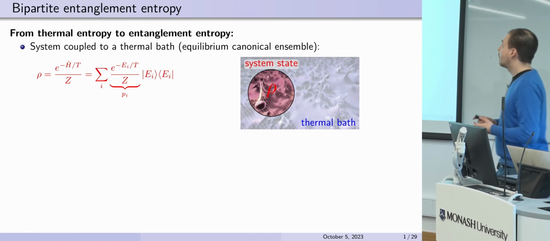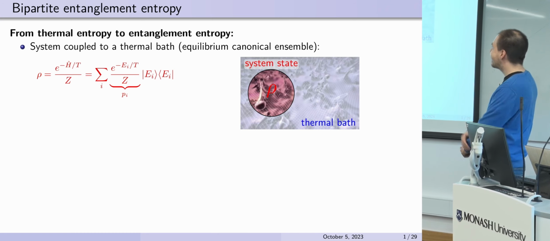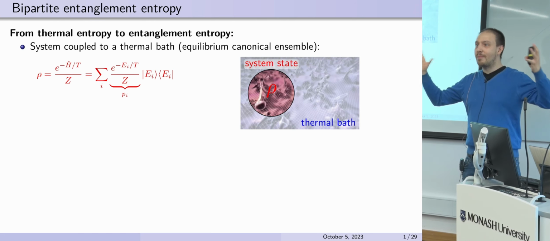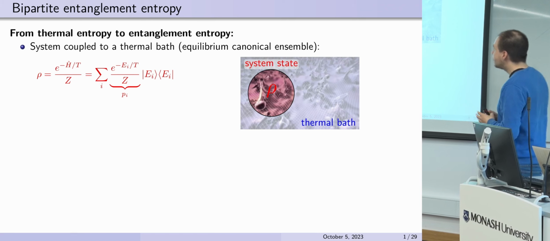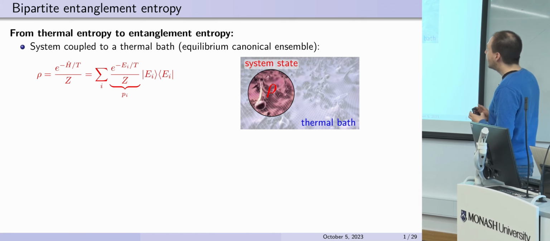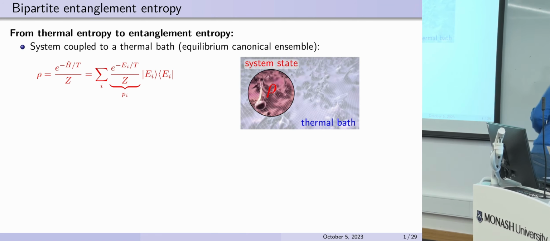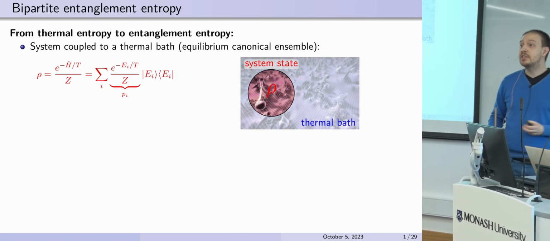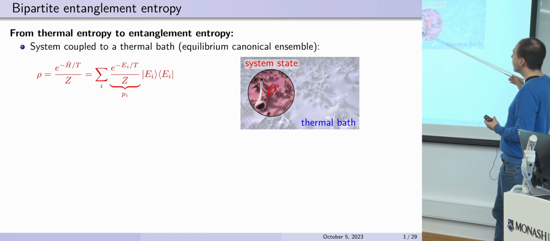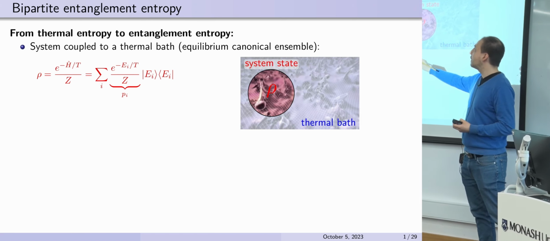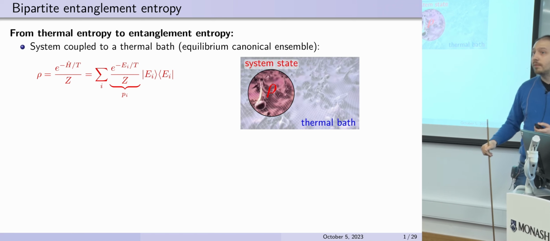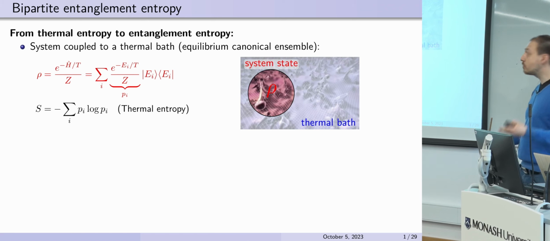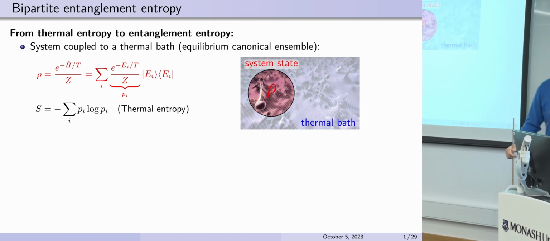We remember from our statistical mechanics course that if you have quantum systems coupled to a big thermal bath at a fixed temperature, then in equilibrium, the state of the quantum systems is described by a statistical ensemble of energy eigenstates of the Hamiltonian, weighted with probabilities that depend on the energy and the temperature. We can then compute the entropy associated to this probability distribution, and that's the thermal entropy that we know in statistical mechanics.